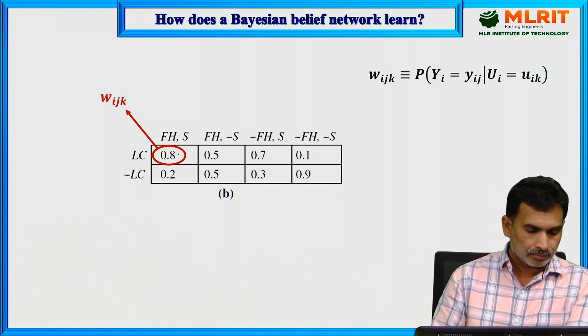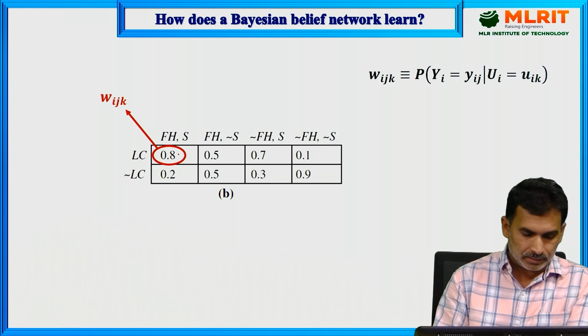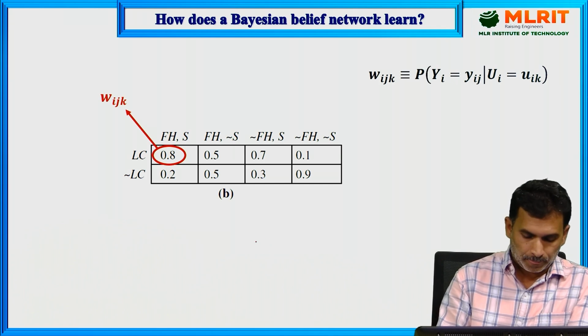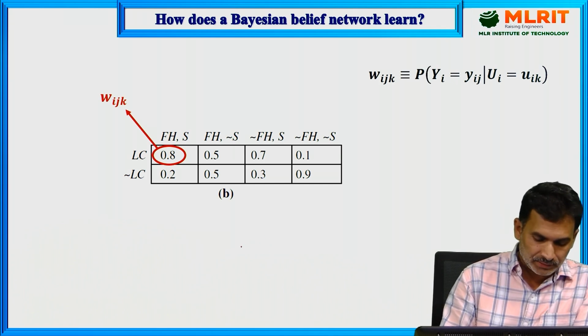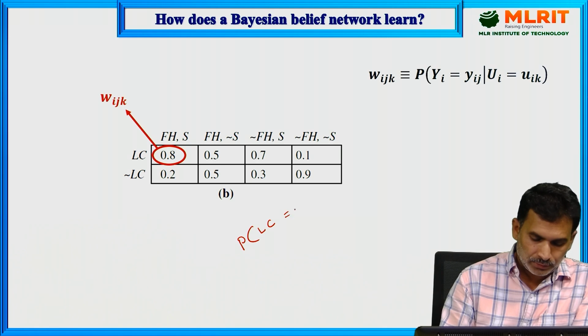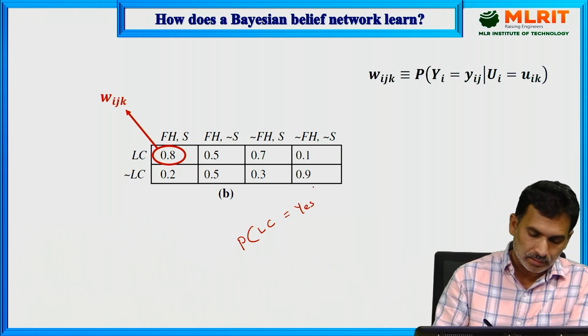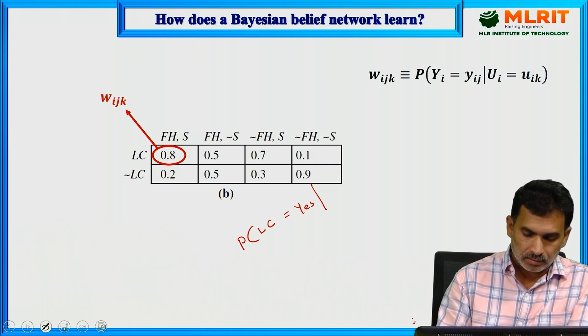It would be expressed as a conditional probability, the probability of lung cancer, with the short name LC, equal to yes, that is the patient having lung cancer, given the family history.